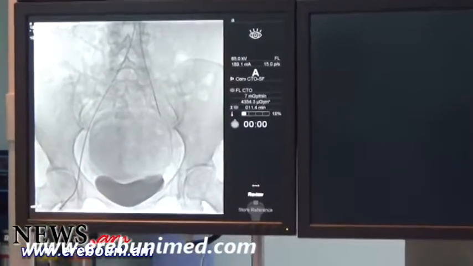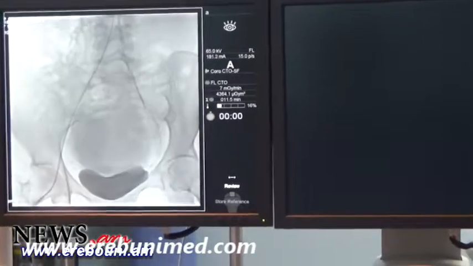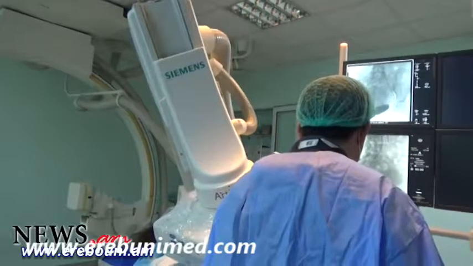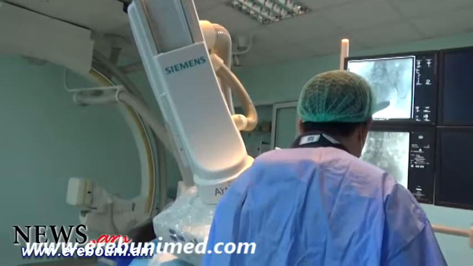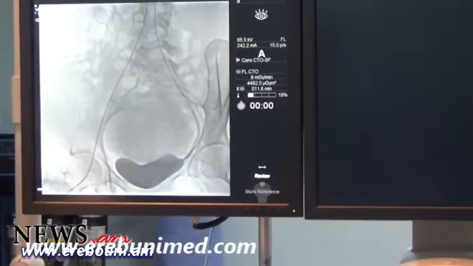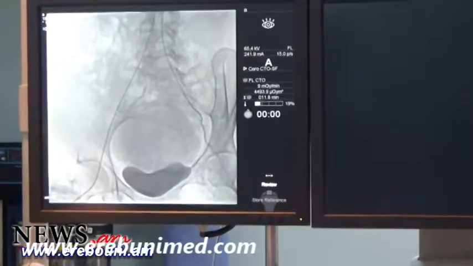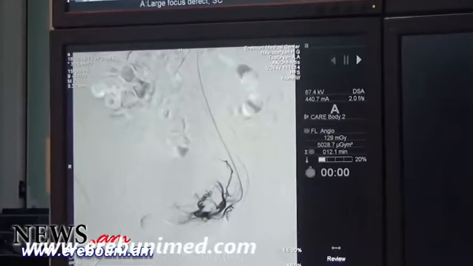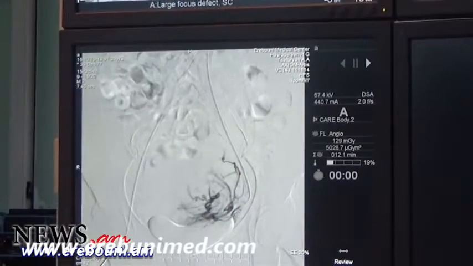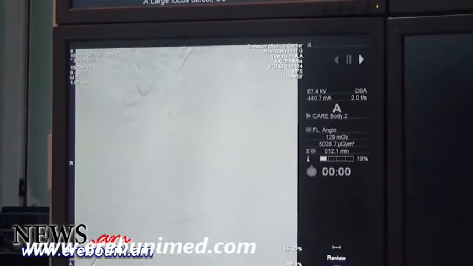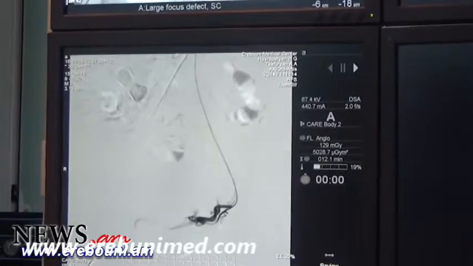The advantage of the method is that through a small hole on the leg, it is possible to enter both the right and the left arteries. We returned to the left uterine artery because for evaluation of the final result, it is very important to wait a certain period of time after the procedure.